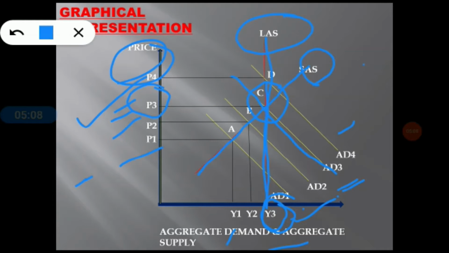Clear? So price increases due to change in the aggregate demand curve only. So that's why this is known as demand pull inflation. I think it is clear to everyone, and now we will move on to the next slide where the explanation is given.